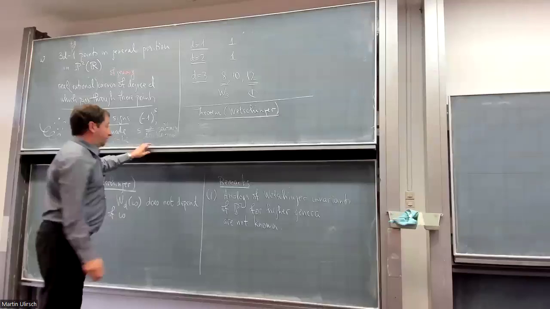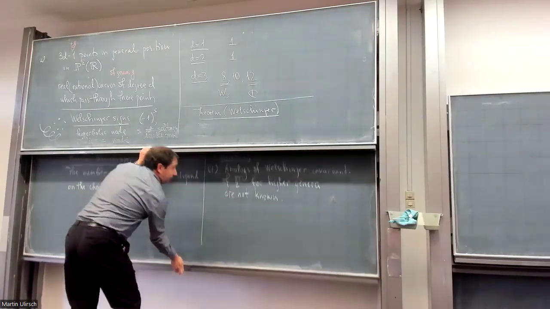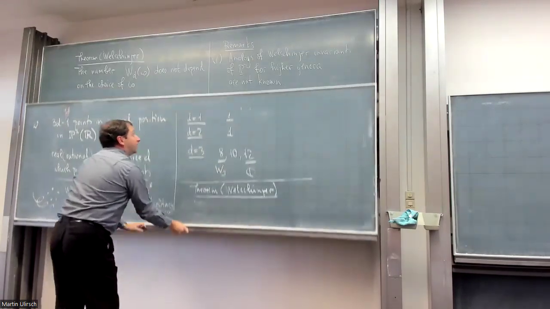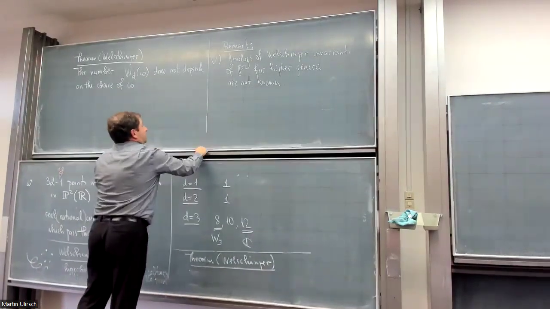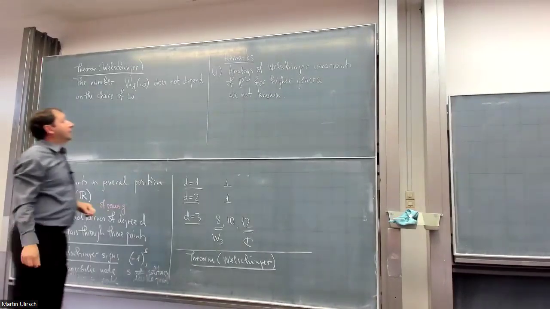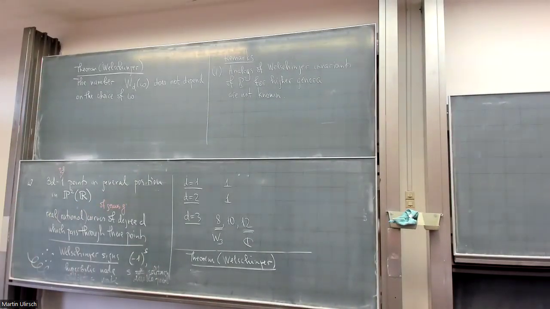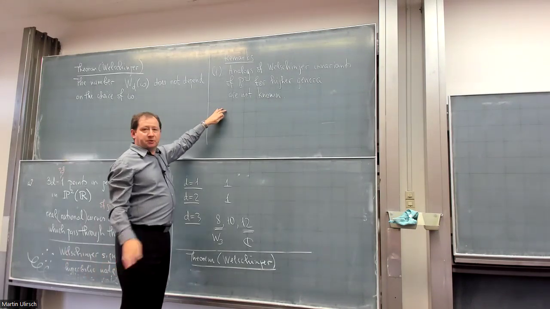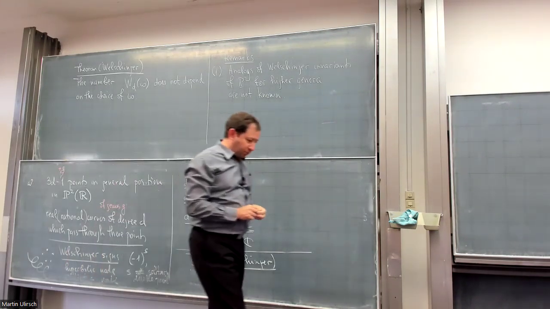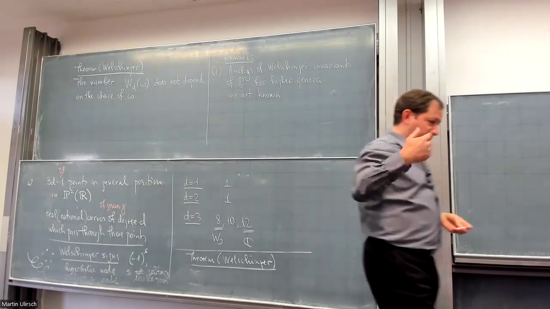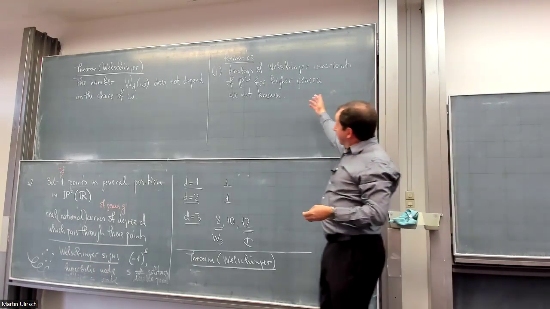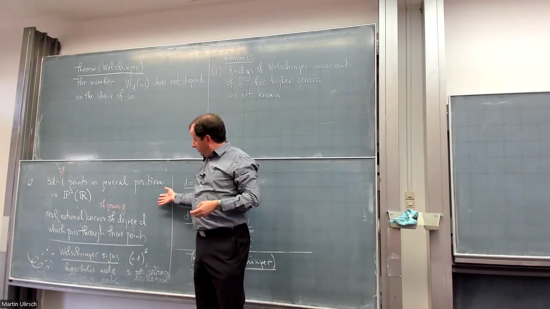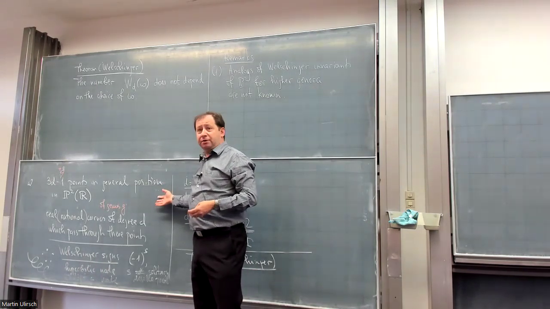And the second remark, so since we already started to discuss it, this Welschinger invariant can be calculated in the tropical world. So one can calculate the corresponding Gromov-Witten invariants in the tropical world.